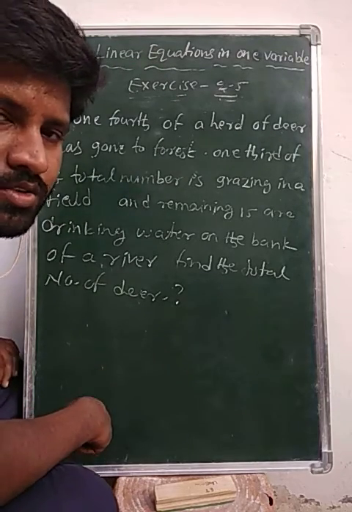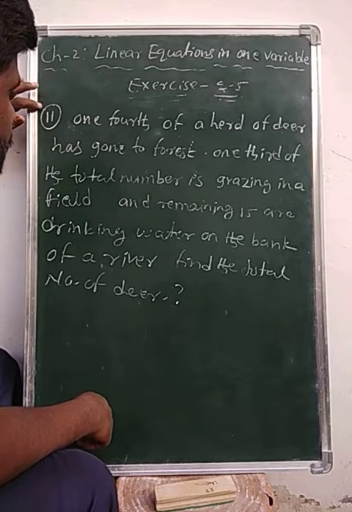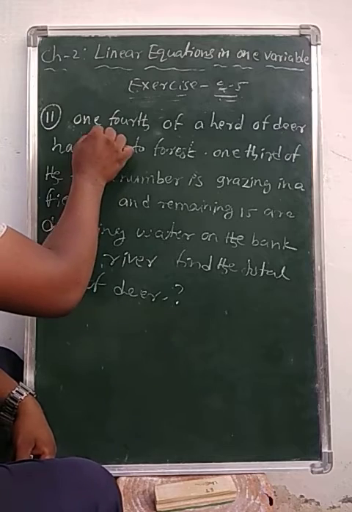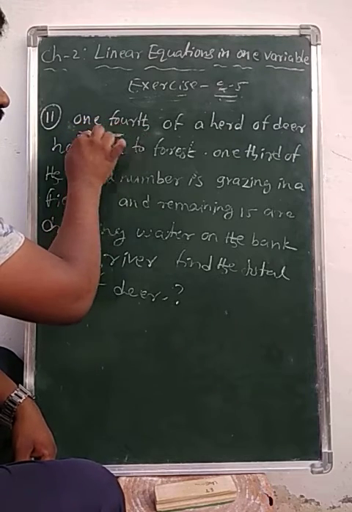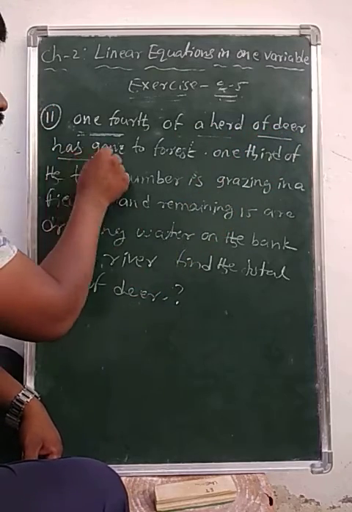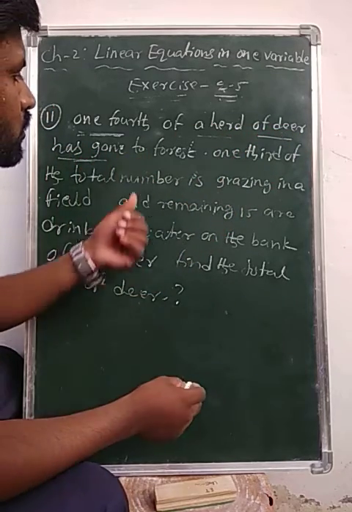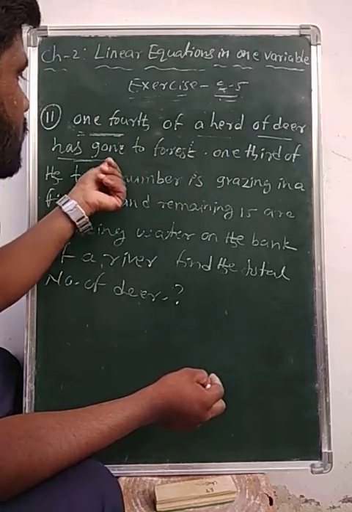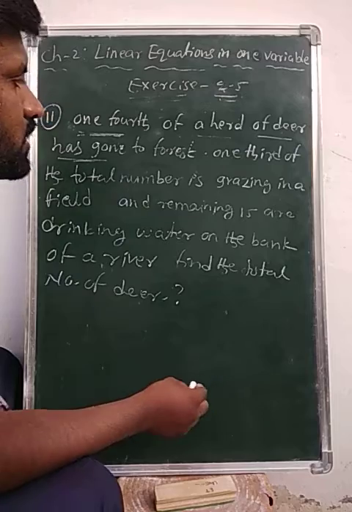Okay students, now see the next one. The question number is 11. The question is given like this manner. 1/4 of a herd of deer has gone to forest.